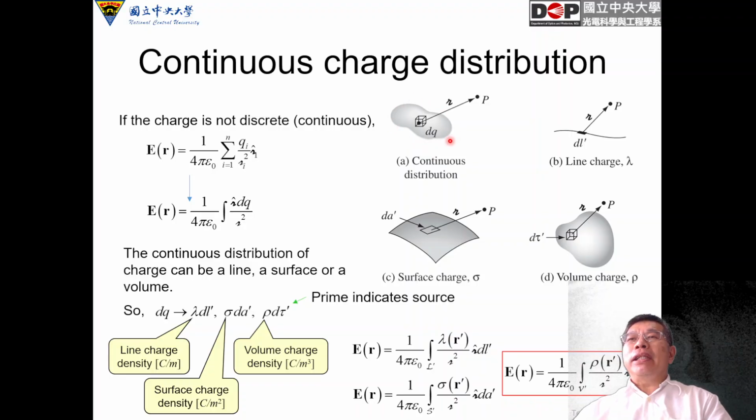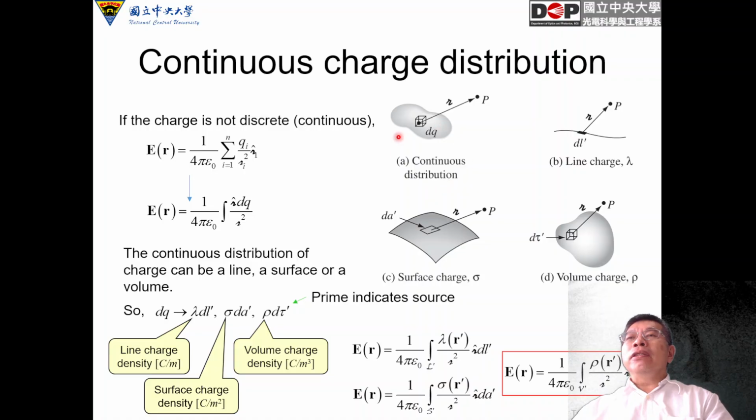So if you have a particular space that has charge, with a tiny little bit of charge, and the distance from this tiny bit to the observation point is r, then you sum all the dq through this source volume that contributes to the observation point P. That is the electric field you write down.